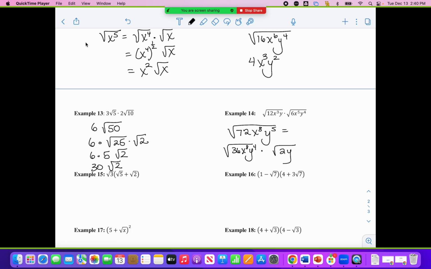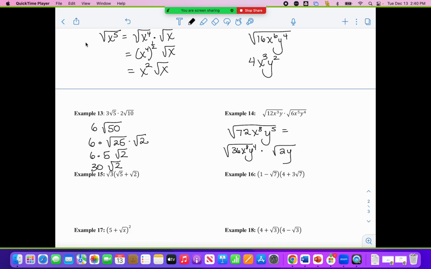Let me explain what I've done here. I like to put my perfect squares in the first one because they're going to come out. So I know 72 divided by 2 is 36, and that's a perfect square. So 36 times, and then the 2 goes in the right one. x to the 8th is even, so it's going to stay in my perfect square radical.